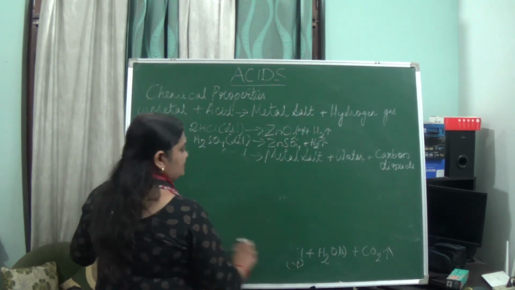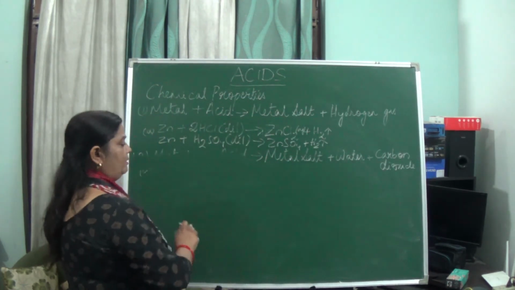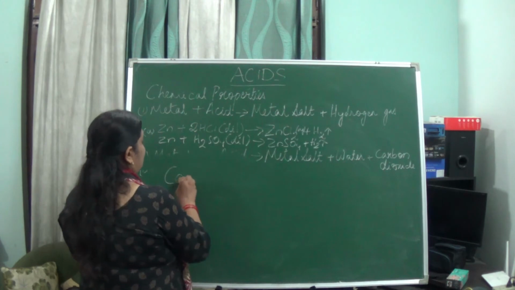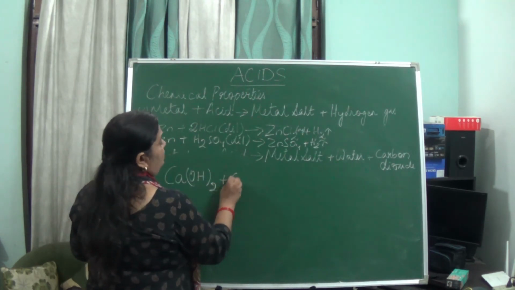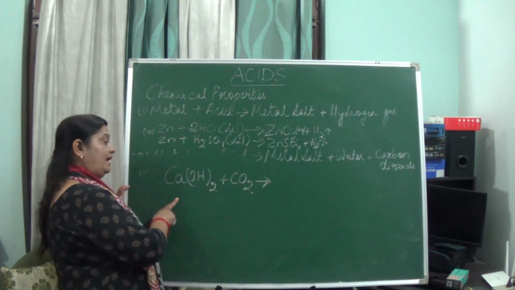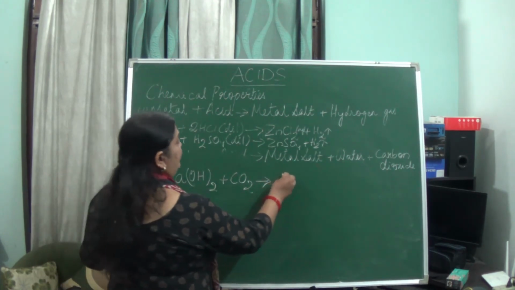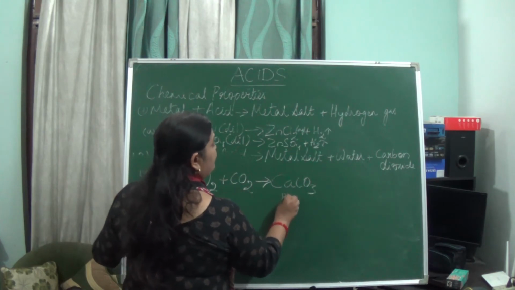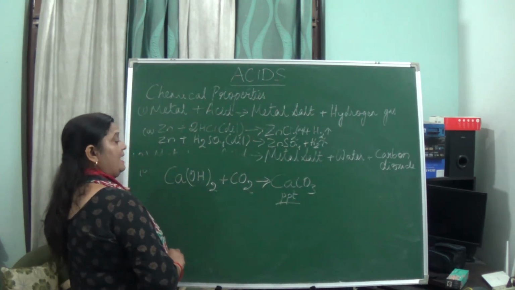So we will be passing carbon dioxide through lime water. What is lime water? Calcium hydroxide, Ca(OH)2, plus CO2. We are passing this in calcium hydroxide, and we will get CaCO3. This precipitate makes the lime water milky in nature.